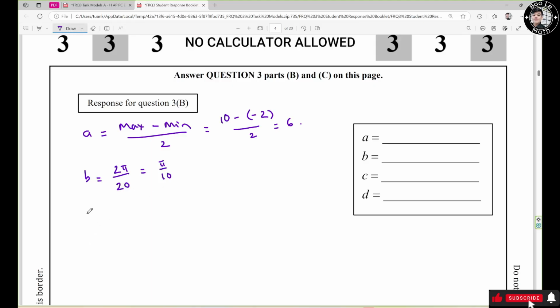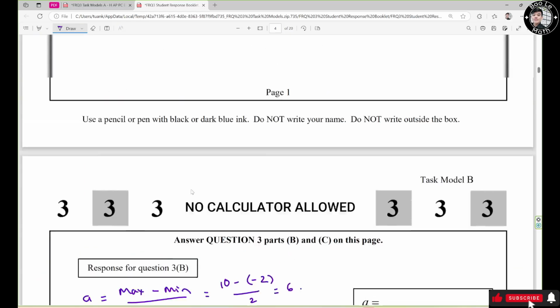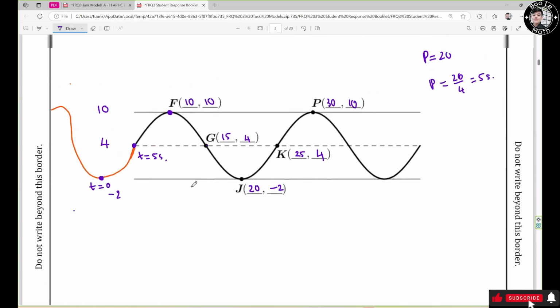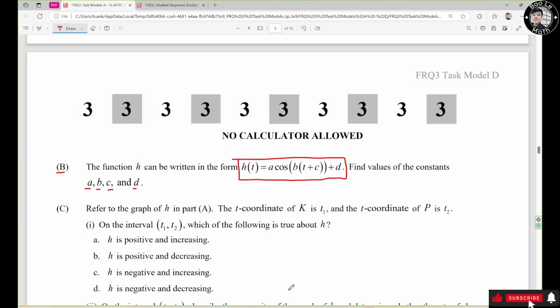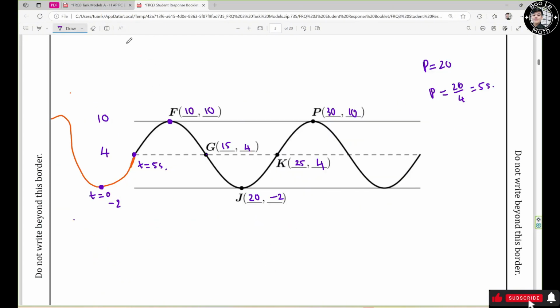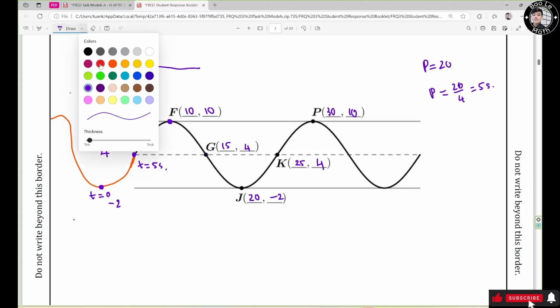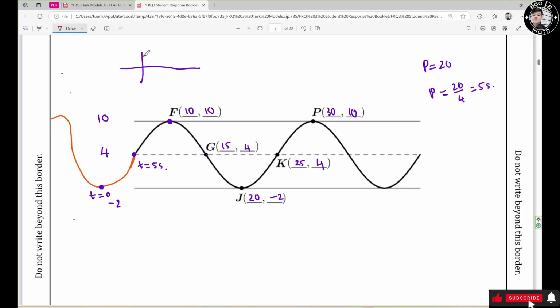Now, c is going to be phase shift, right? So we look at this one right here. This is the cosine function, right? So you know that the cosine function starts from the maximum or minimum, right? If it's maximum, it's going to be like this.